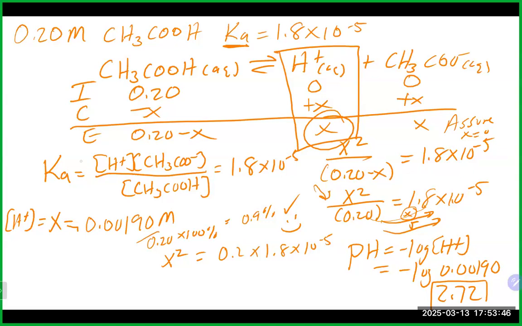So you would get x squared is equal to 0.00, a lot of zeros there, 345, 36, and then you need to square root both sides. Yep. And then that would get you to that number.